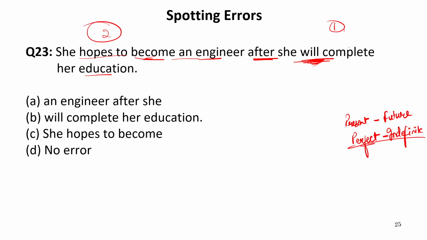First action should be written in perfect tense and another will be in indefinite tense. So first perfect will be in future and indefinite in present tense. So after she will have completed her education. So this will be the correct sentence. Therefore the error is in part B. So our answer is B.